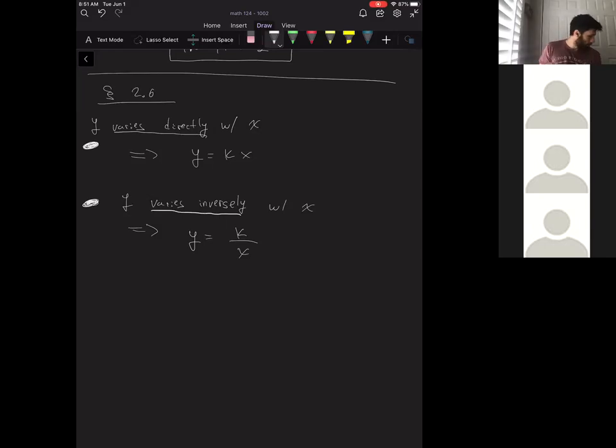All right, so how about a problem like, let's see, which ones are you doing? Oh, we can do 5 together. Okay, so 5. What we want to know is we want to find k. So we have y varies directly with x.